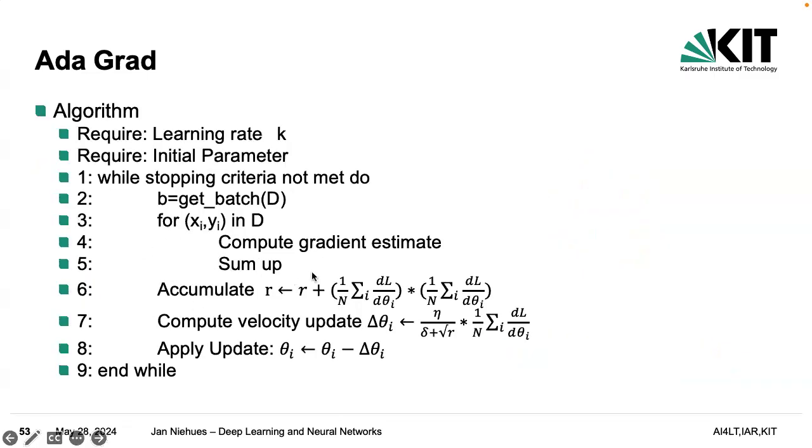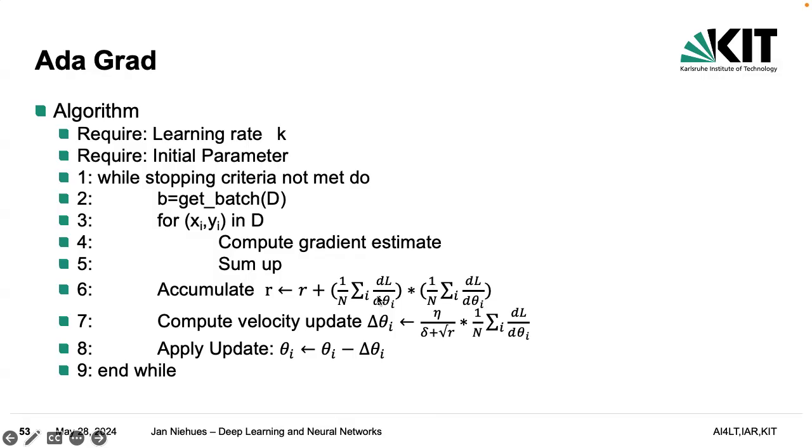So you see we have one additional variable here, our r, which is a previous value. You're summing things up: are there large changes in there or not? And then you're calculating the pointwise square. So for each dimension, you're calculating the square of the values in there.